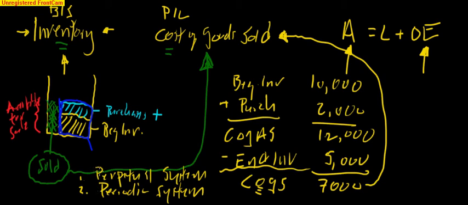Perpetual means that every time there's a transaction that involves inventory, we are going to be accounting for it by updating the inventory account and the cost of goods sold. So when we add inventory, we're going to be showing that in an account called inventory, and we're going to be adding and subtracting the inventory account itself.